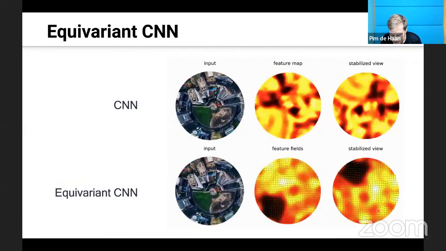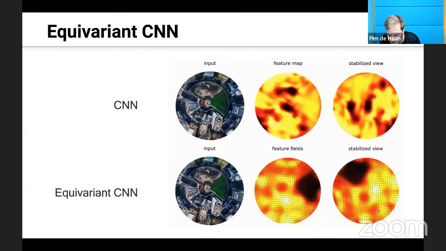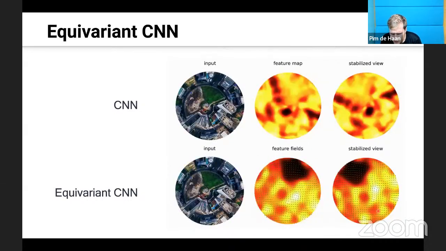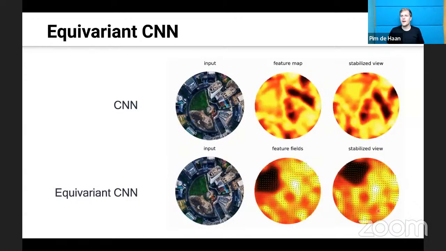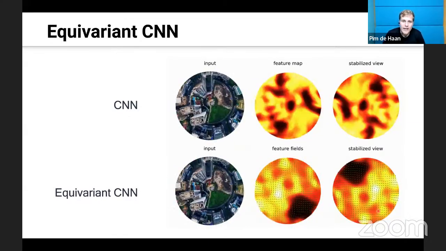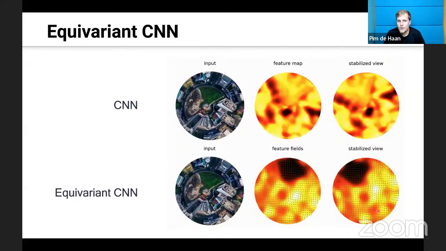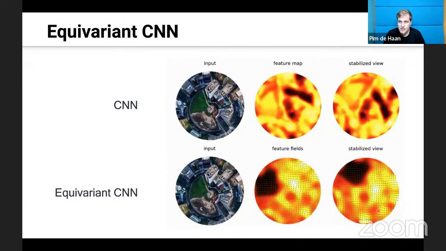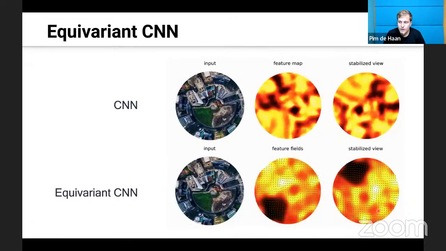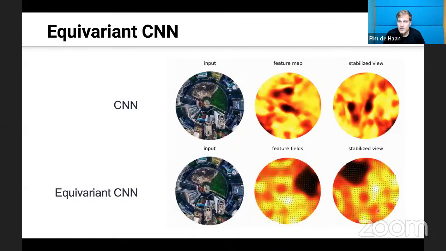There's a very interesting question by Alisa. How does augmenting the data compare to baking equivariance into the architecture? That's a great question. So you can imagine that in a way these try to achieve similar goals.